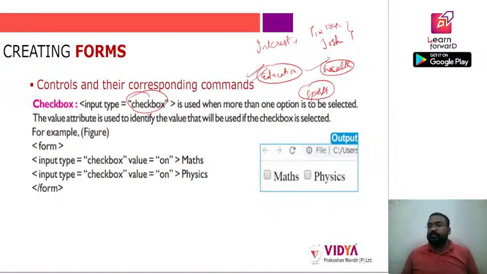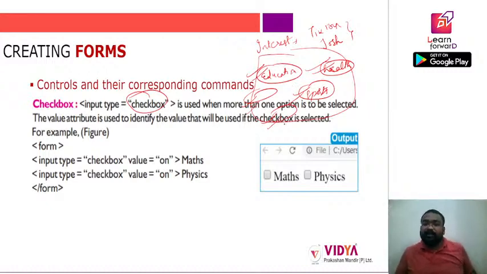So you select education, health, sports, and other options available. You can understand these all as checkboxes. They have given them a better look because of the CSS and all, but these checkboxes allow you to select multiple options that are provided.